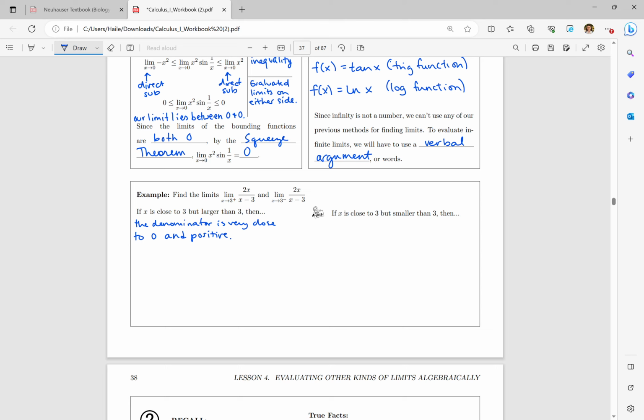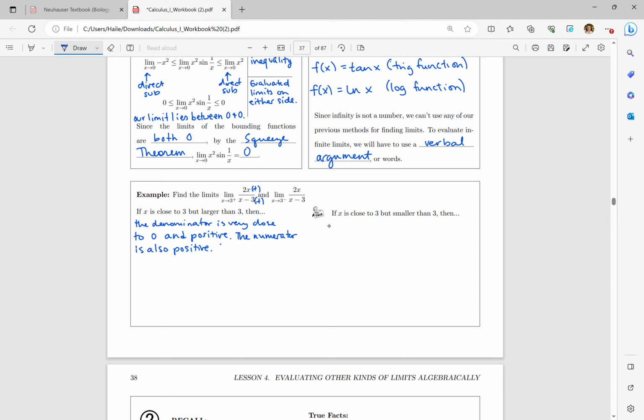Okay, the numerator is also positive. So if we think about plugging in 3.1 on the top, well, that's a positive number. So a positive number times 2, we're going to have a positive number. Okay, so now we want to think, on the top we're going to have a positive, and on the bottom we're going to have a positive.